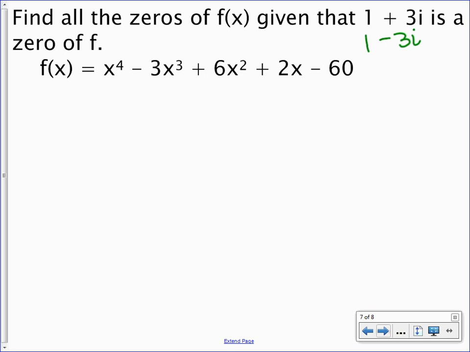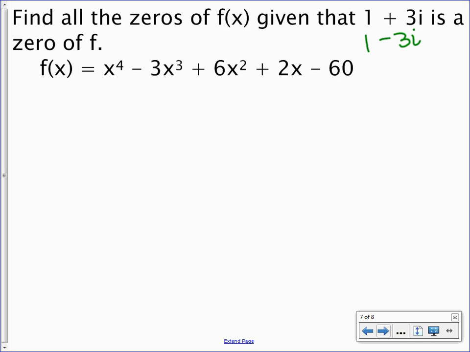We could take these two factors and multiply them together and do long division that way. Okay? What would you like to do? Two sets of synthetic division, or multiply two factors and do long division? Long division is what I'm hearing.